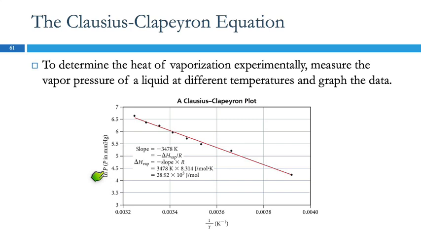They've graphed the natural log of P versus 1 over temperature. Again, this has to be in Kelvin because we don't want to have a place where we have 1 over 0. And this is real data, and so it's not a perfect line, but you can see it's pretty good. And you can measure the slope of that line. The slope is equal to negative delta H over R. And so then you can solve for delta H and find out what it is.